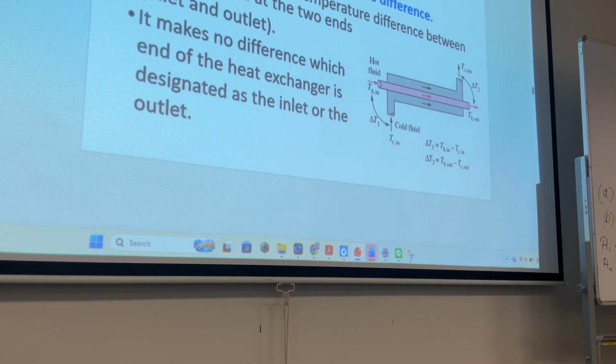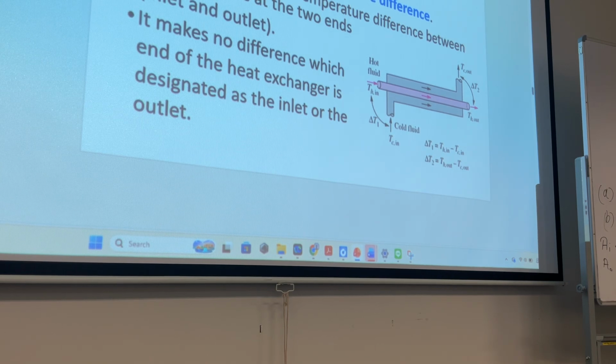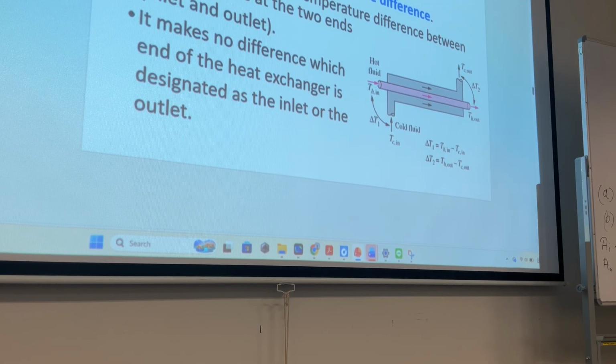Also, the LMTD method you can use in parallel flow and counter flow only, and for multipass and cross flow heat exchangers we include an extra quantity. Okay, let me write it down.